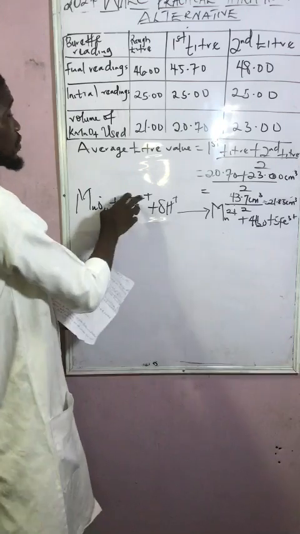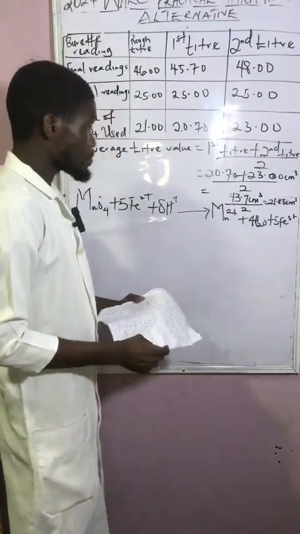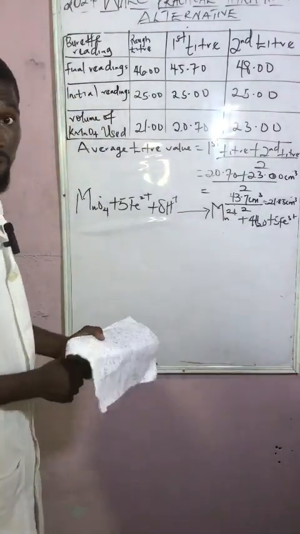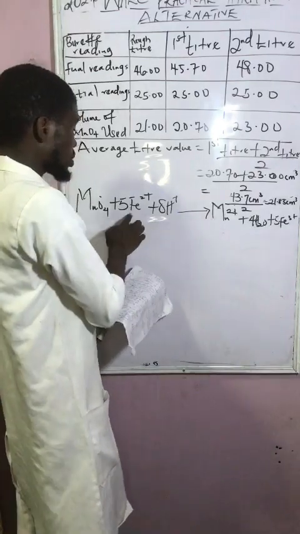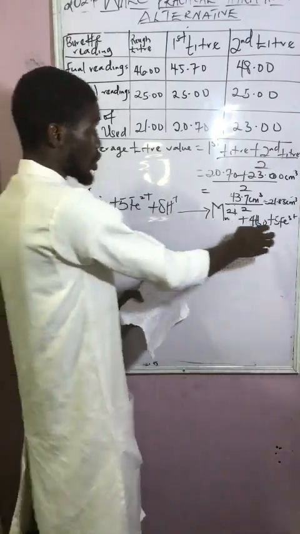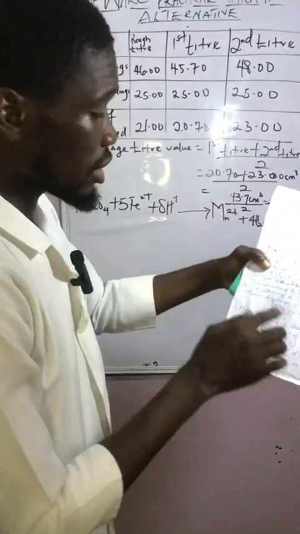This is oxidized from +2 to what? +3, and this is reduced from +7 to what? +2. So I will explain more on that. Why is it reduced from +7 to +2, and why is it oxidized from Fe2 plus to Fe3 plus?